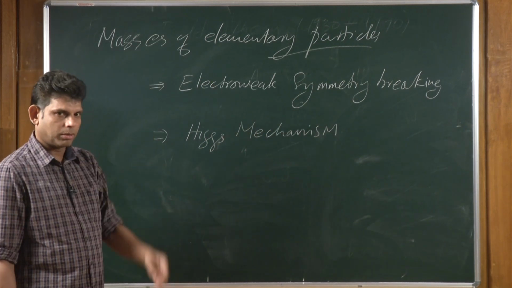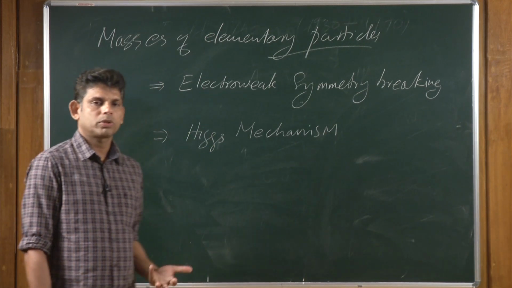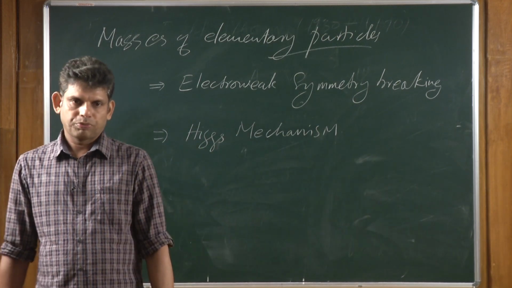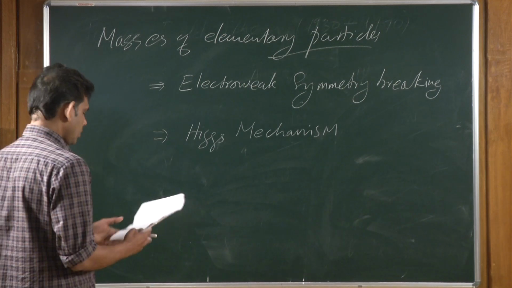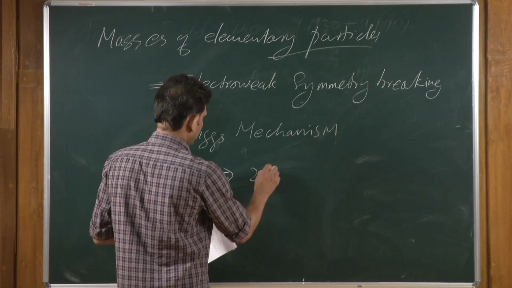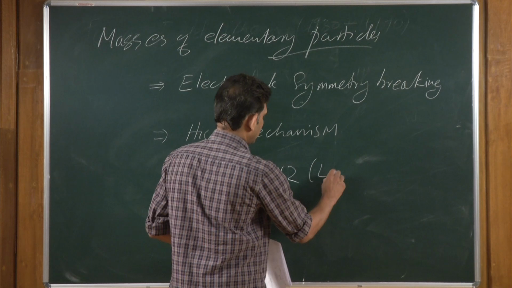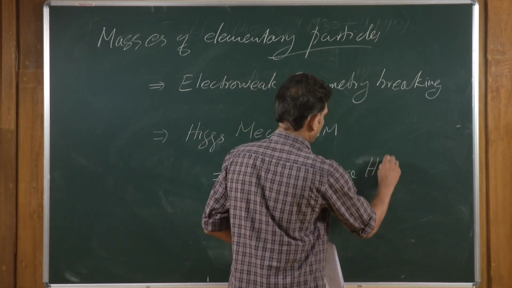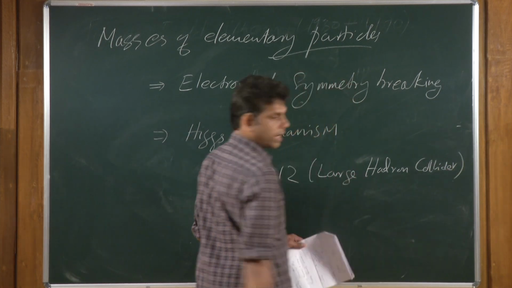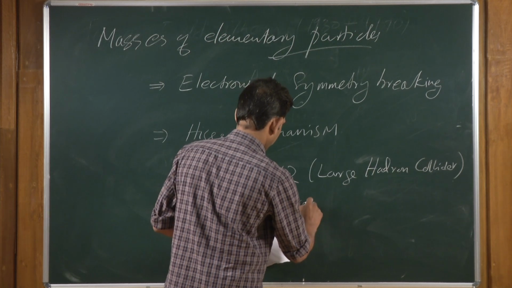We will come to a little bit about that, and one of the mechanisms proposed to do that is called the Higgs mechanism, named after the proposer Peter Higgs, and this led to the discovery of the Higgs boson in 2012, just a few years ago, by the Large Hadron Collider, or LHC.